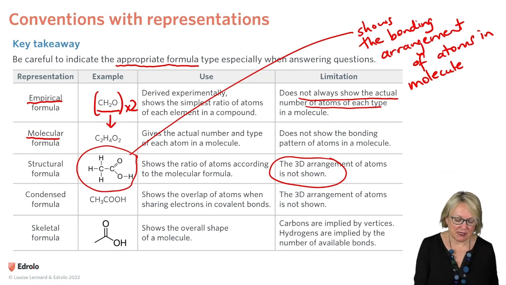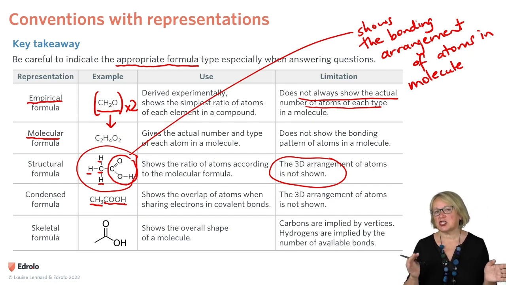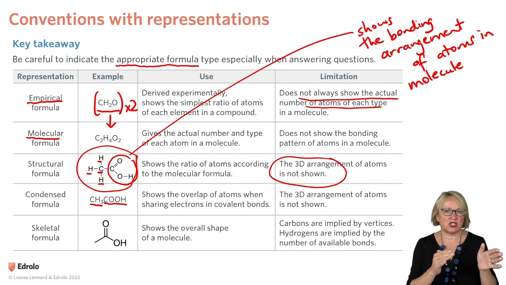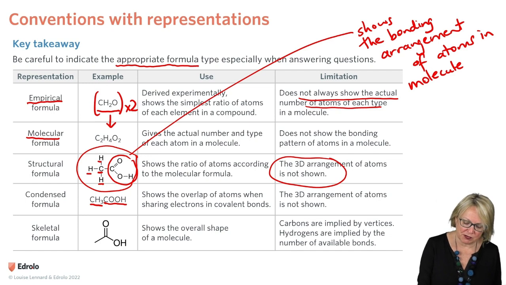Condensed formula is a way of summarising the structural formula, counting the first carbon and saying it's connected to 3 hydrogens, so that's the CH3, then another carbon with the carboxyl group, the COOH.